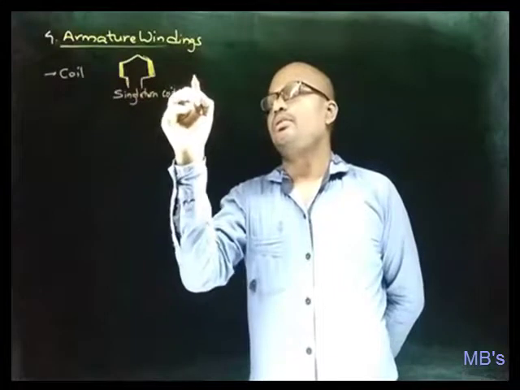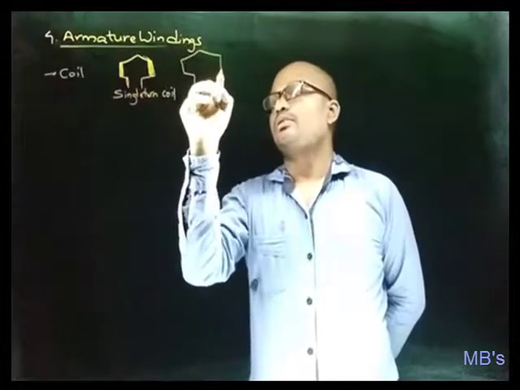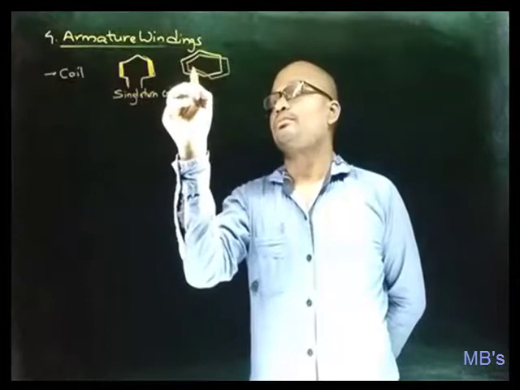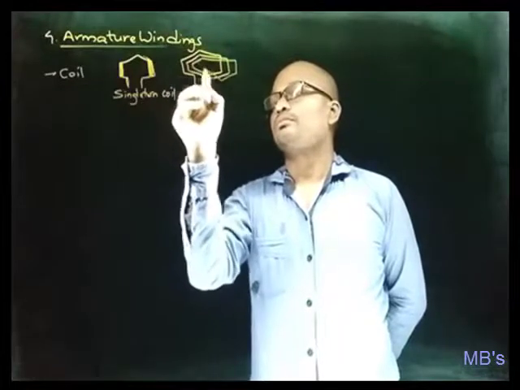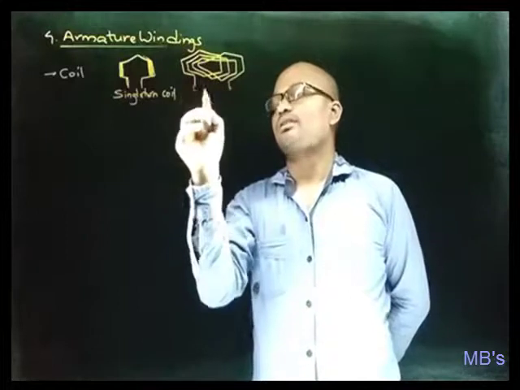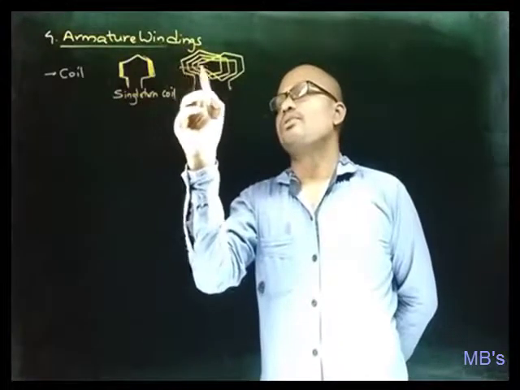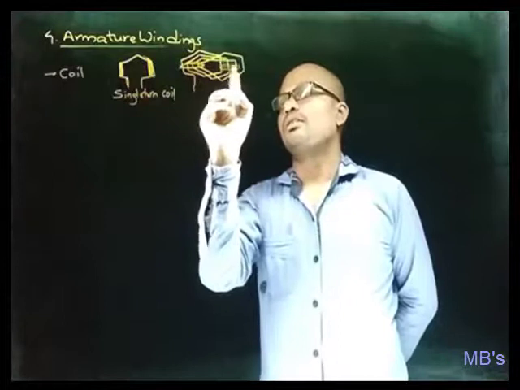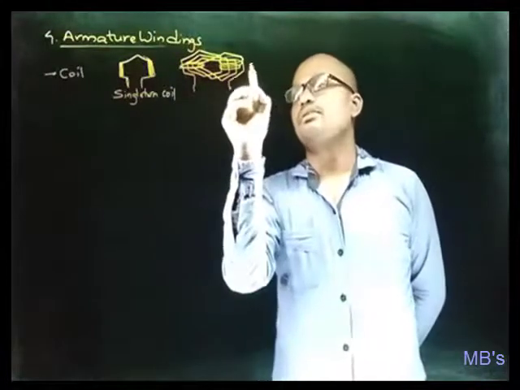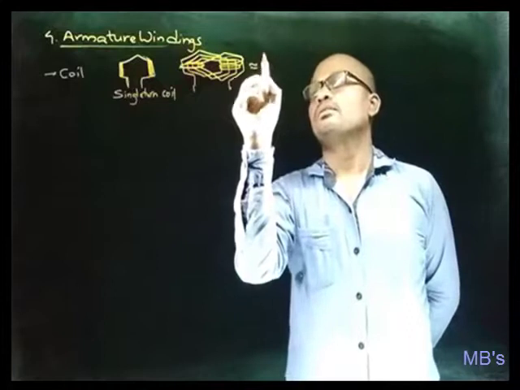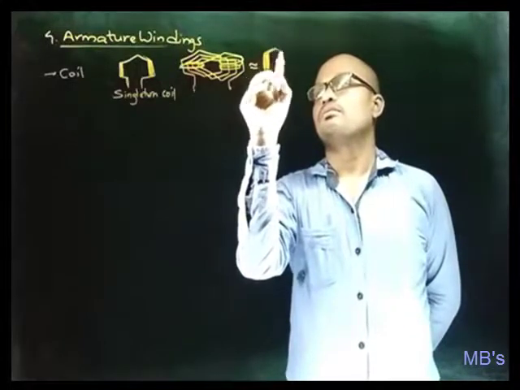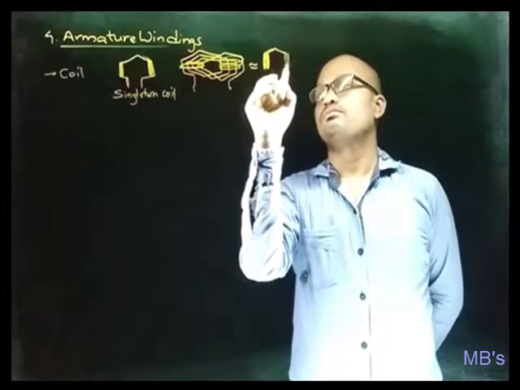And if the coil is wound like this, and the end connection is brought like this, and all the coil sides of these are wrapped with a tape, then this will look like this.